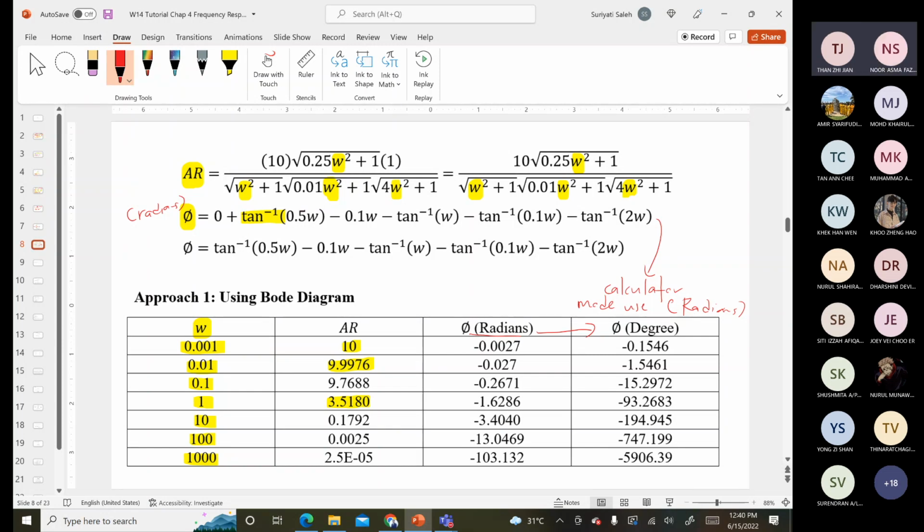So in this case, we have the value in degree from the radian, where, for example, negative 0.0027, when we convert into degree, becomes negative 0.1546.